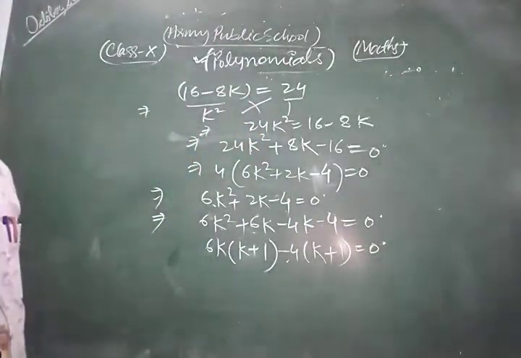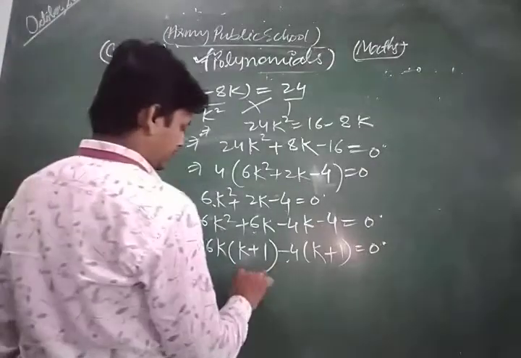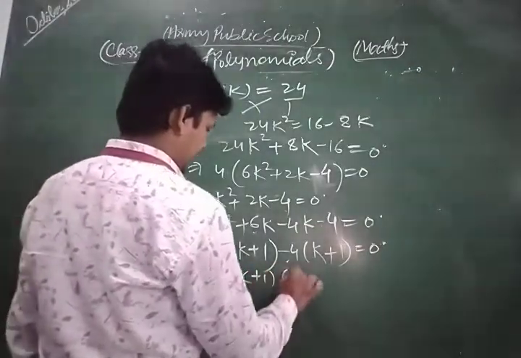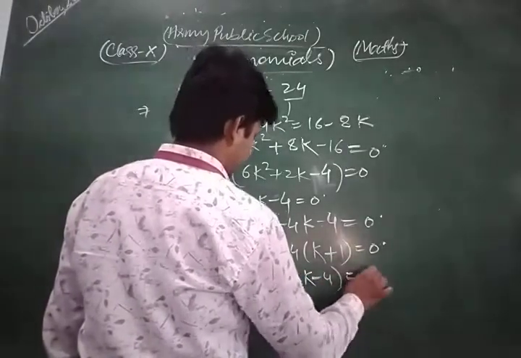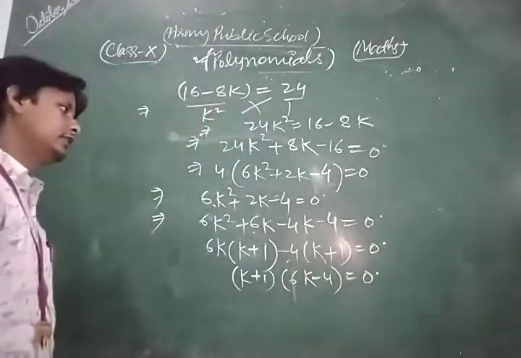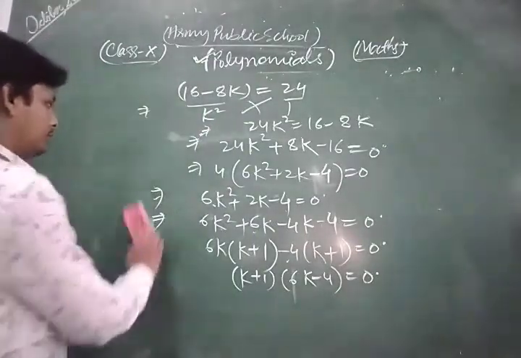Now, dear friends, we have (k + 1) in one bracket and (6k − 4) in another bracket, and it is equal to 0.